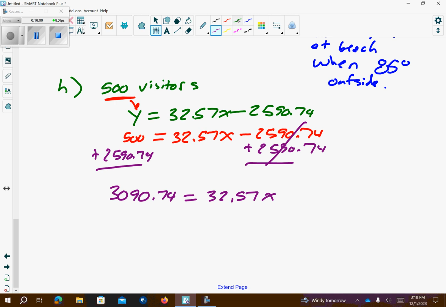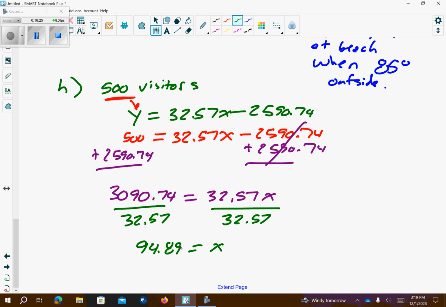That's equal to 32.57x. So let's get x by itself. Those are multiplied together, so I'm going to divide to undo it. And again, you want to have a calculator. So you're going to go 3090.74 divided by 32.57, and x is going to be 94.89.